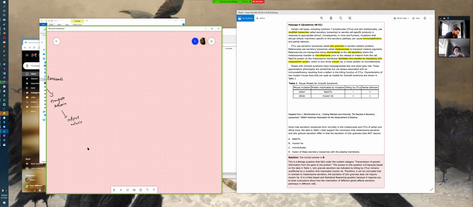How I visualized it is like the melanosome interacts with the melanophilin protein, and that protein binds to the myosin VA. That's kind of like how I understood.